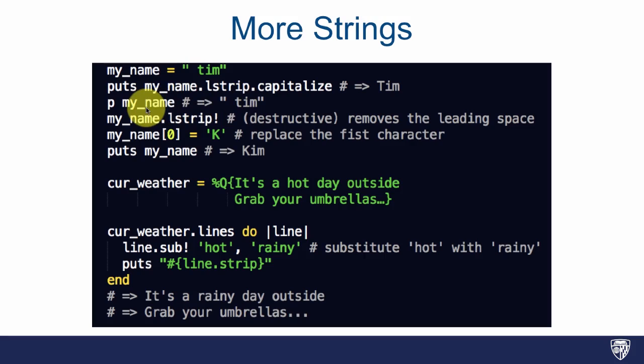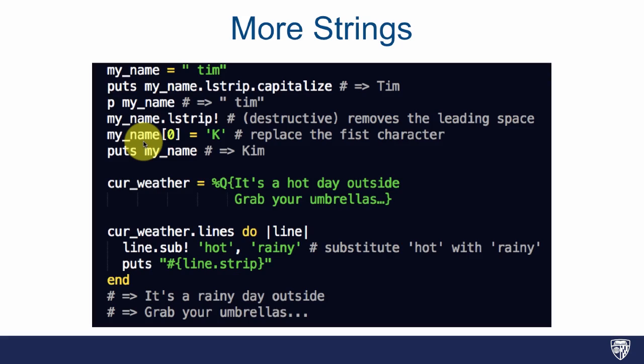Now, but when you look at the my name variable again, you'll see that the variable did not change. Why is that? Well, that's because all of these methods return the copy and they didn't actually modify the variable. If you would want to modify a variable, you would use the lstrip version with an exclamation, which is the destructive version, which will actually modify the variable in place.